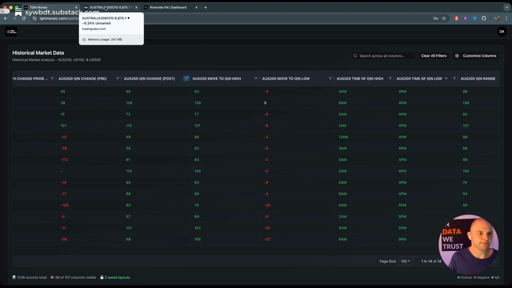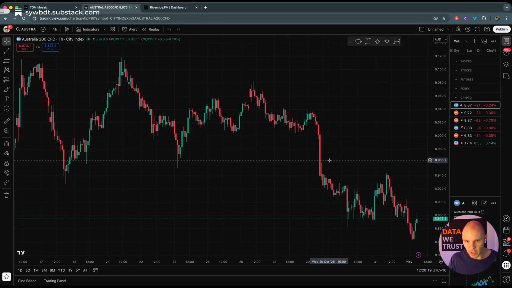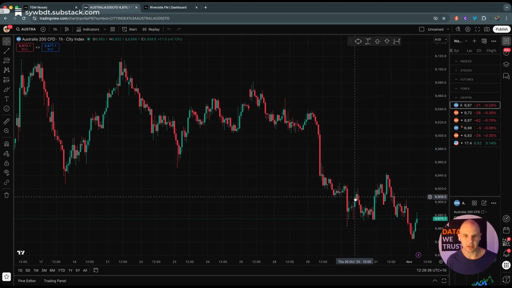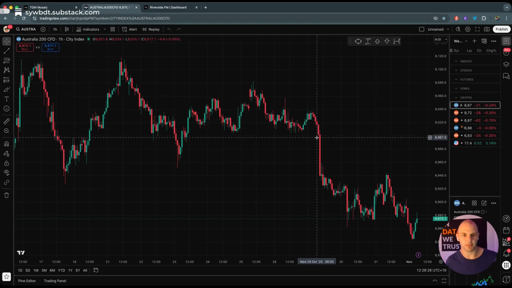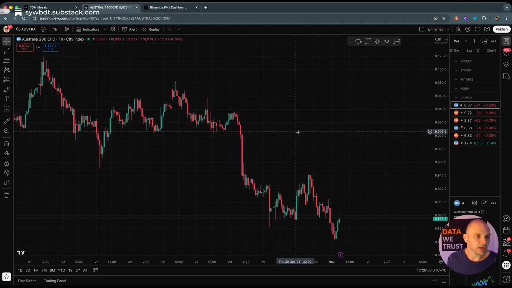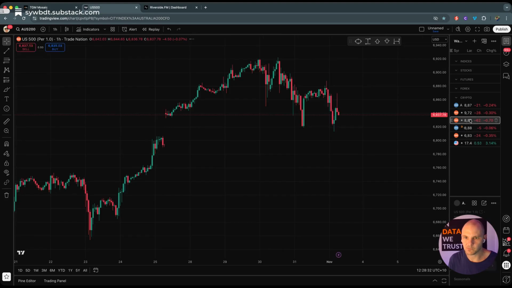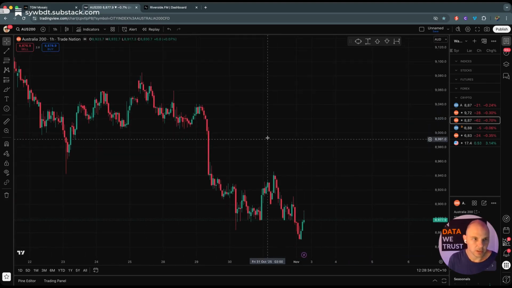Let's take yesterday, which was the last day of October, as an example. So Aussie 200 overnight change pre, okay. Again, this is everything essentially outside of the physical market moves. So it's the overnight moves. So if we're looking at yesterday, for instance, I'll zoom in here.